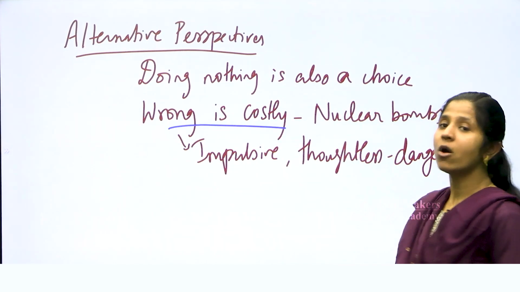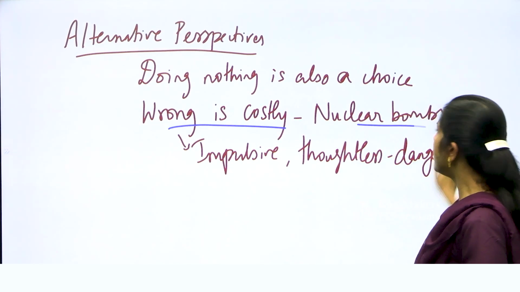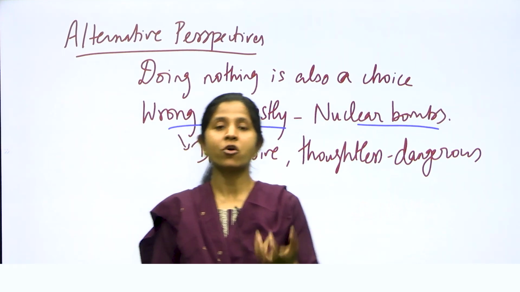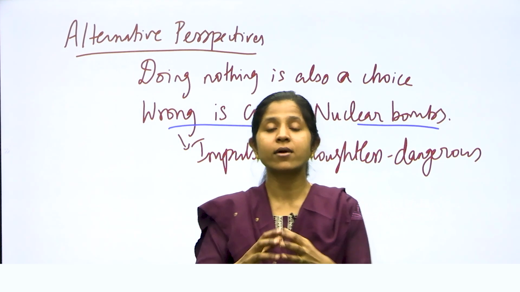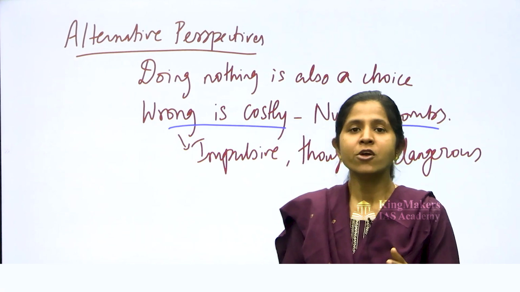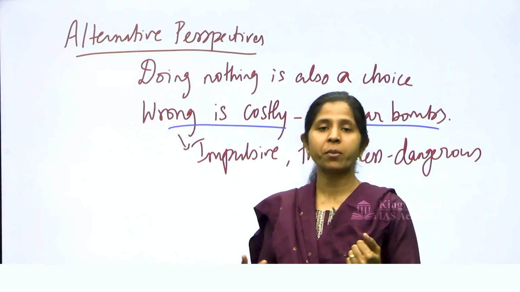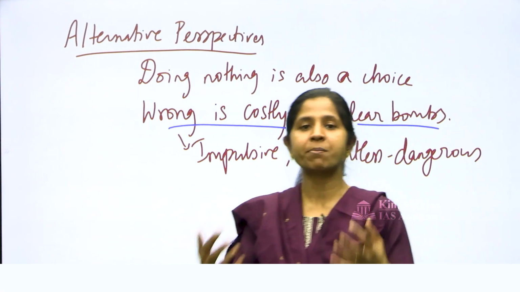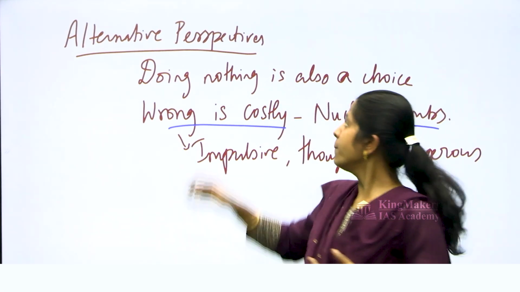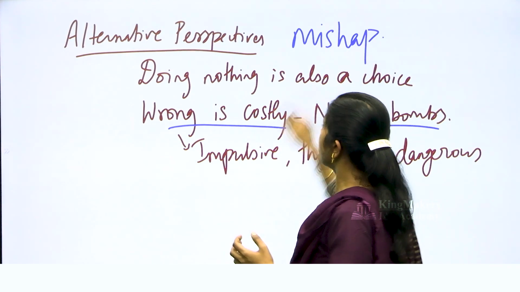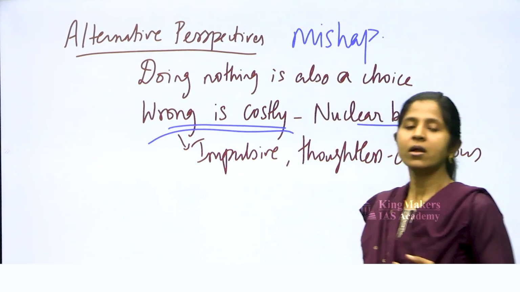And sometimes being wrong is also costly. Like with nuclear bombs, when you are wrong with nuclear bombs or nuclear energy, it can create huge havoc. We even faced that in the Bhopal gas tragedy. You can talk about the Bhopal gas tragedy or any mishap that happened, any problems that happened after a decision. Wrong is costly.